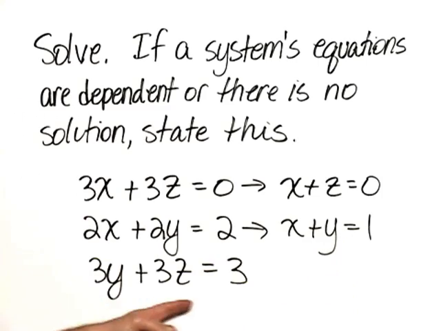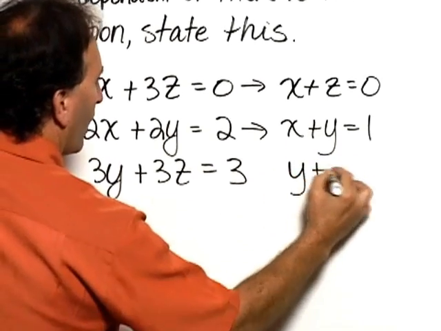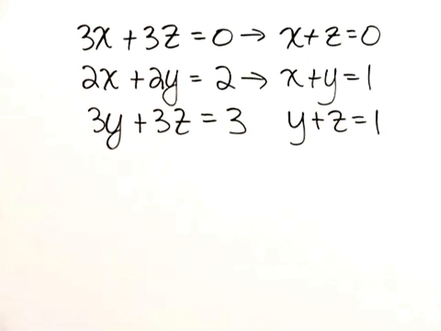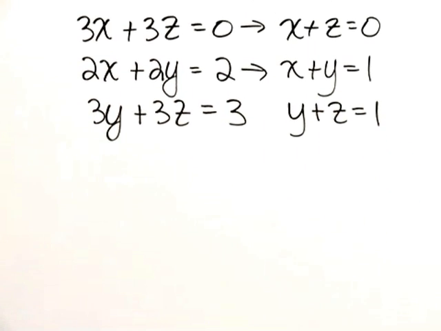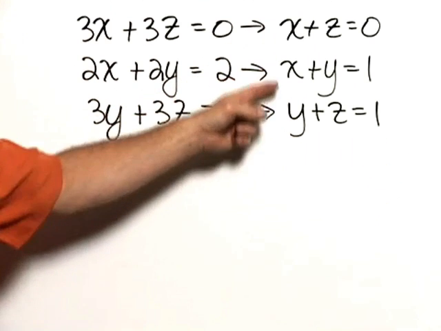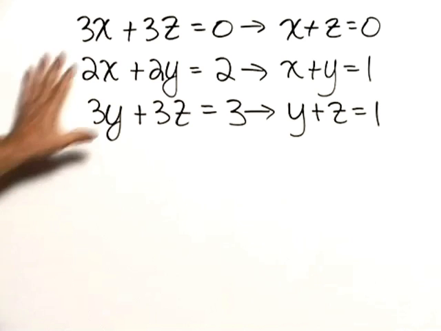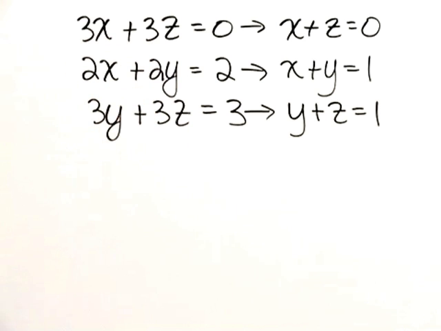This equation we can also simplify by dividing both sides by 3, and we get y plus z is equal to 1. And looking at these three, you'll see that it's a little bit easier to solve than if we were to have all of these coefficients other than 1 in the equations.